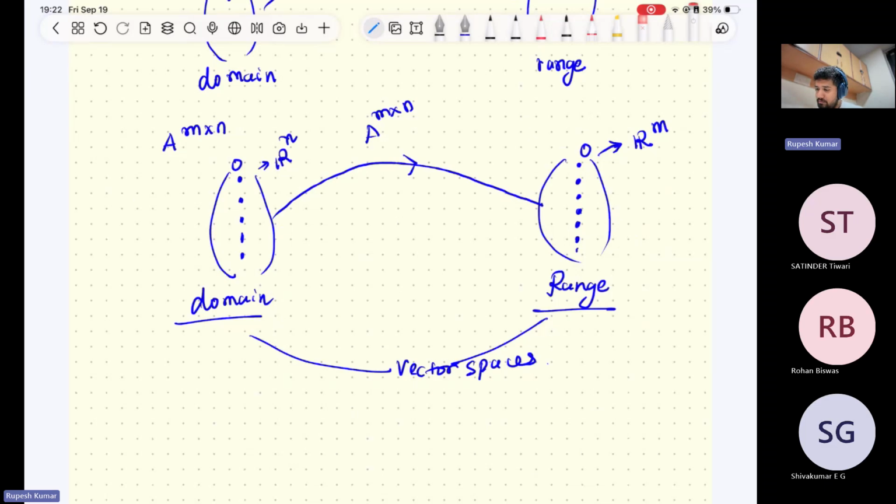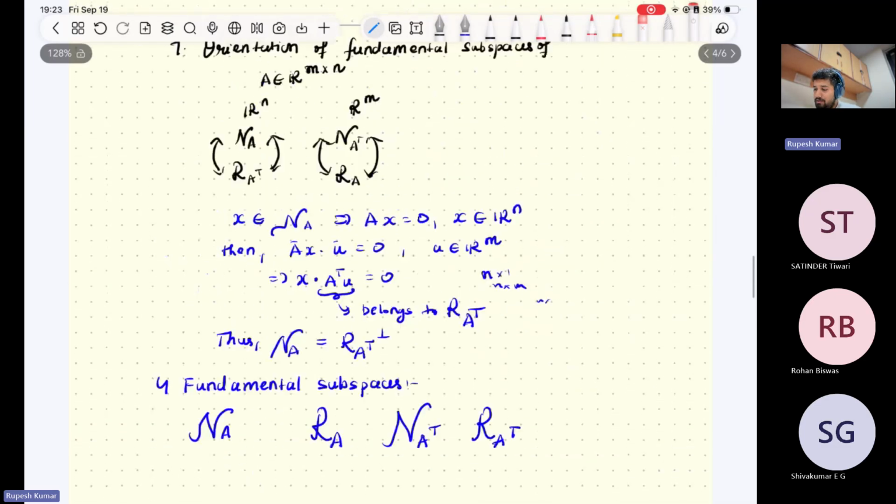So now this is the domain space of matrix A, right? It contains all the vectors in the space Rn, and this is the range of matrix A. That's why you call it the range space. Ax belongs to the range of A. Now let's define some properties based on this picture.